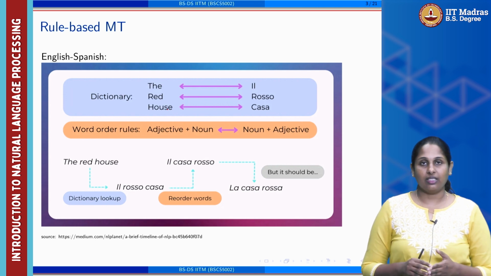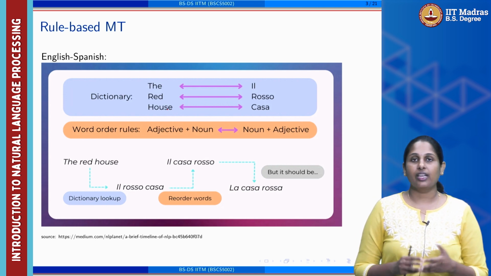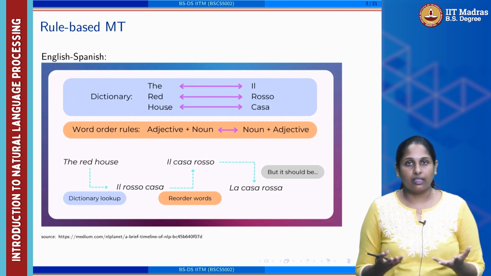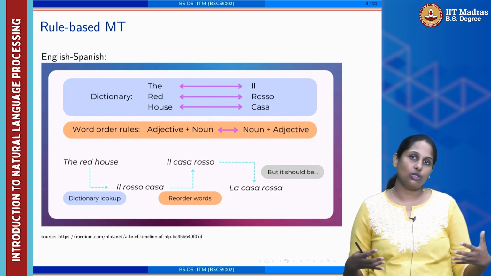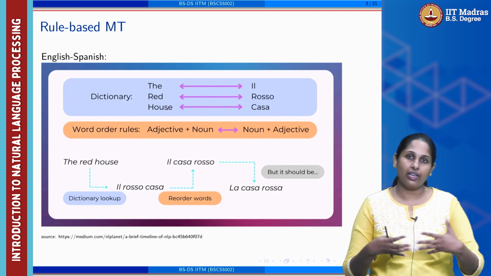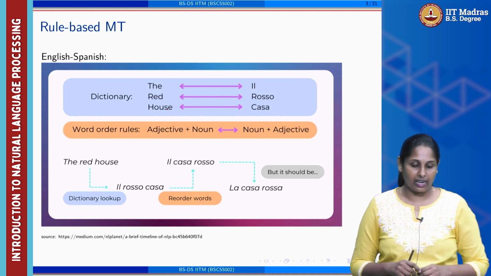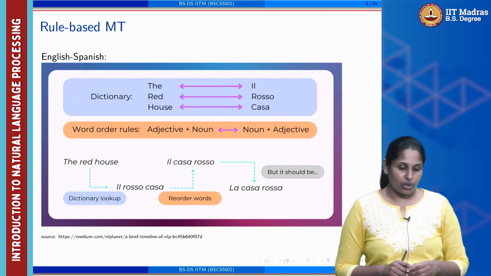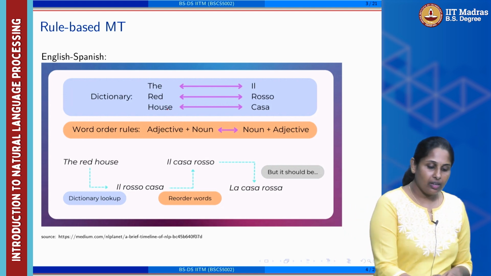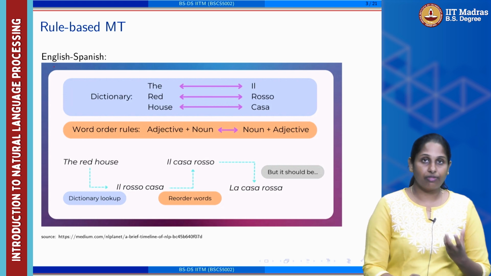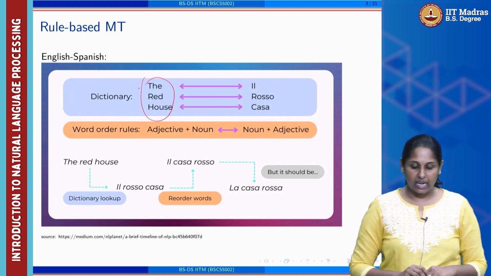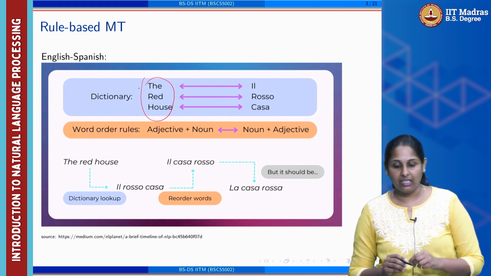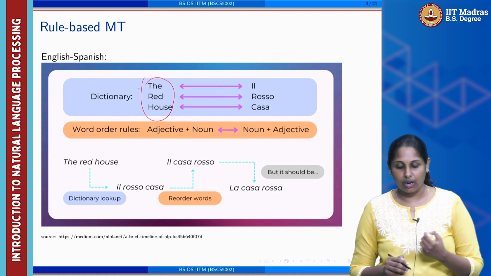The rule based system, as we just mentioned, takes a set of words from two languages and tries to map these words between the languages and generate the target language. Just by showing an example here: there is an English phrase, the red house, which we need to translate into Spanish as la casa rosa.